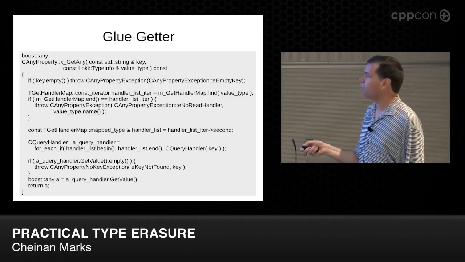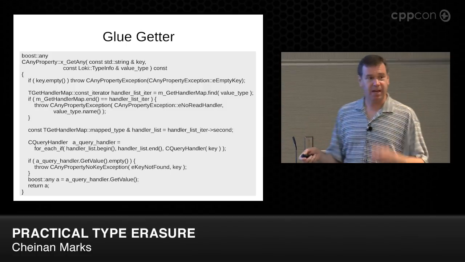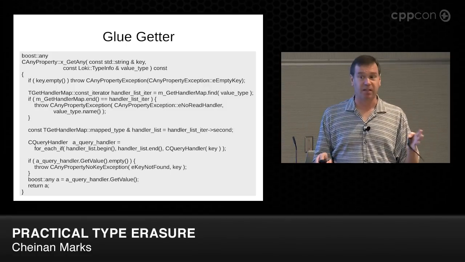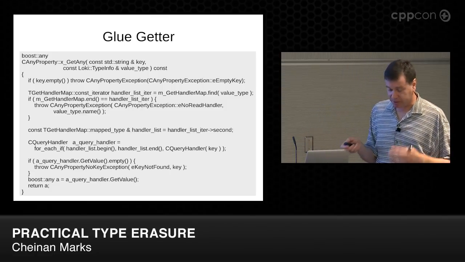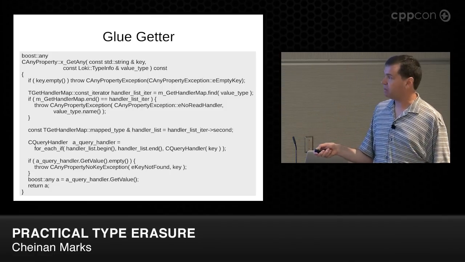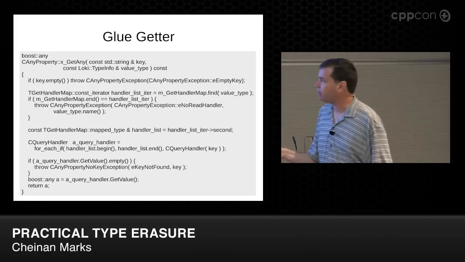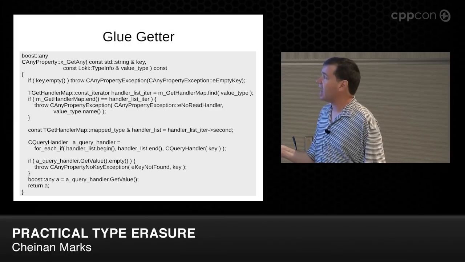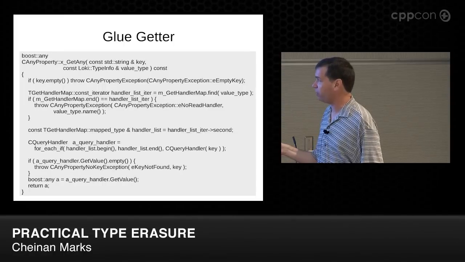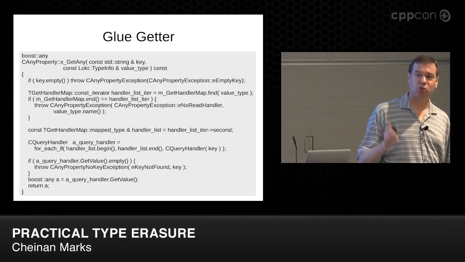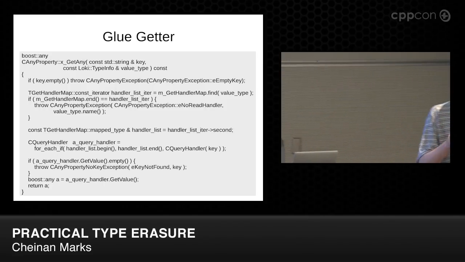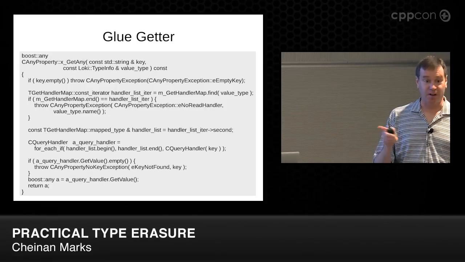So we're going to call for_each_if and query the handlers one by one for the key. If they have the key, they're going to return true. Otherwise, they're going to return false. So when we are done, we are going to stop iterating on the for_each_if, and we are going to get that functor back, the query handler variable right there. And what I'm doing is storing the value that's returned from the handler in the functor.